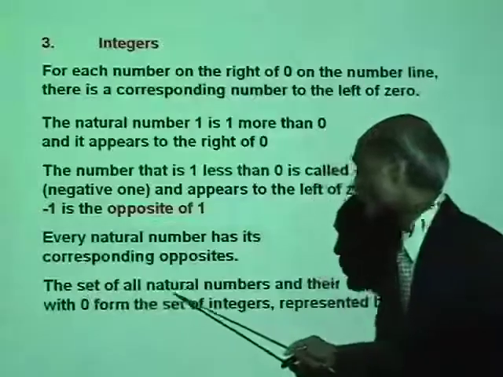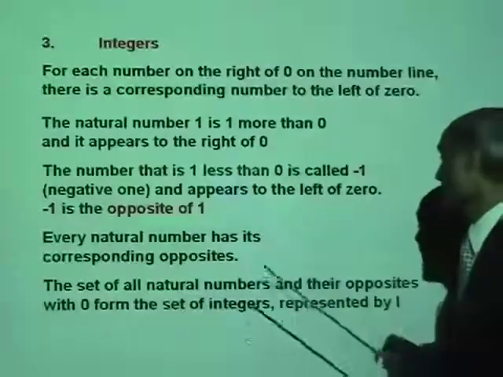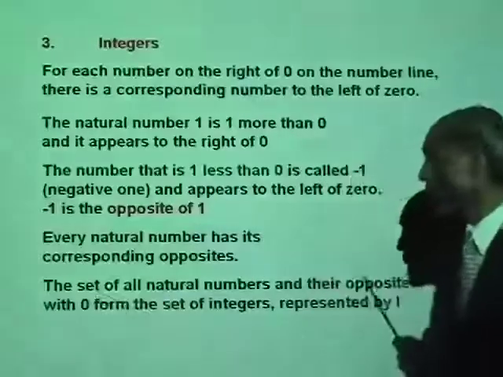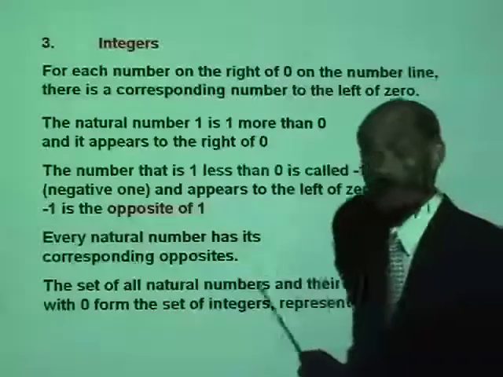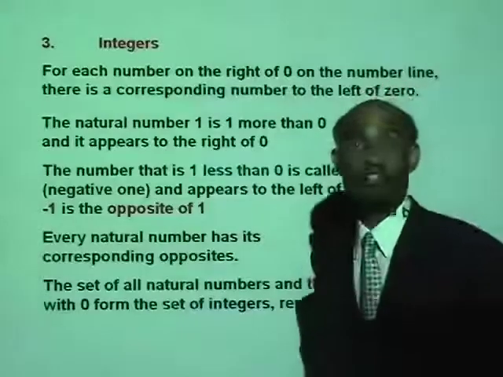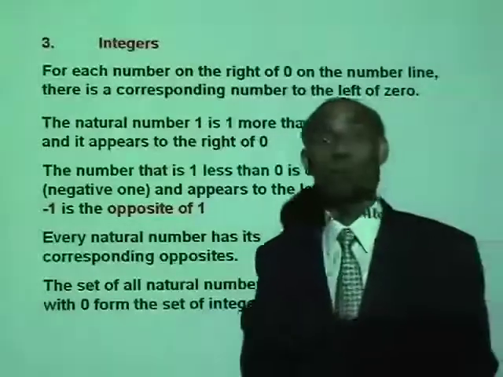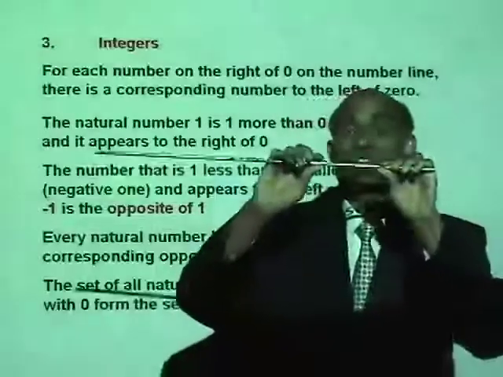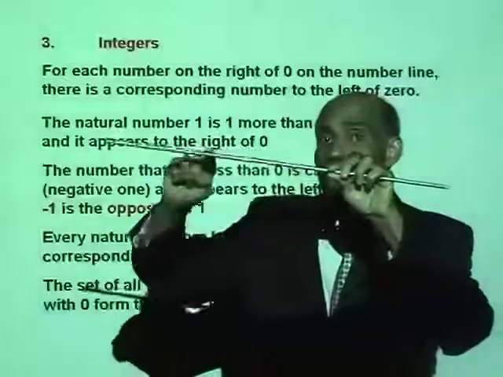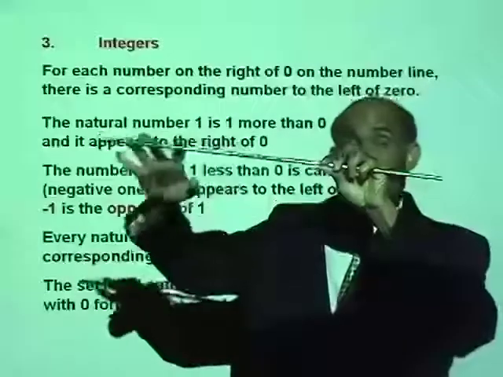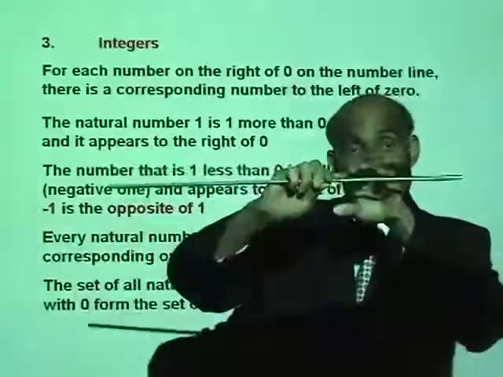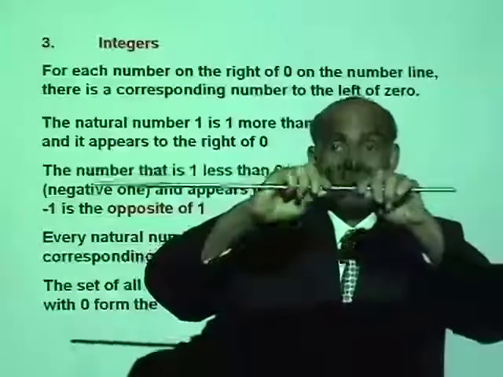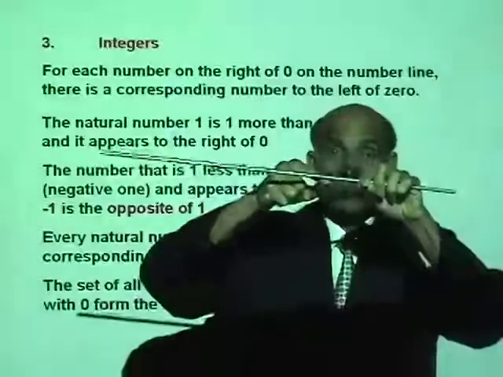The set of all natural numbers and their opposites, along with 0, form the set of integers. So, what is the set of integers? The set of integers contains all natural numbers on the right of 0, all the opposites of the natural numbers to the left of 0, and also 0.